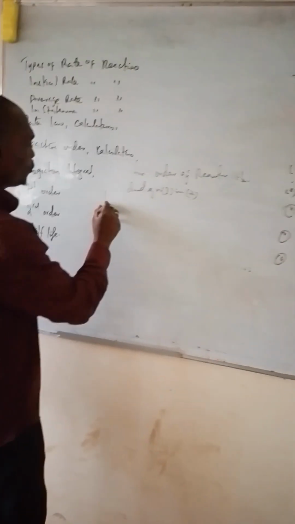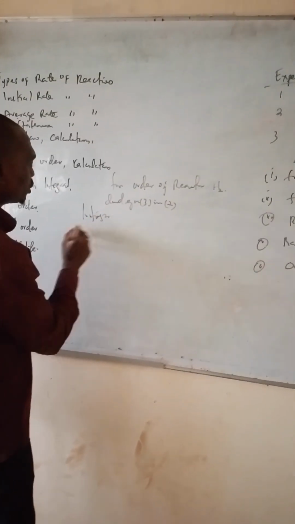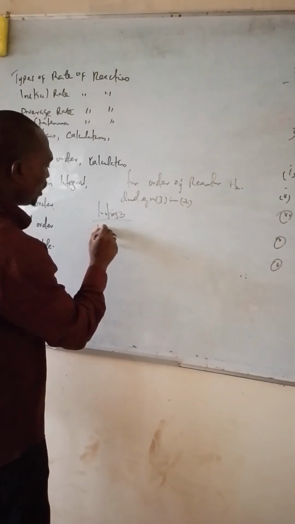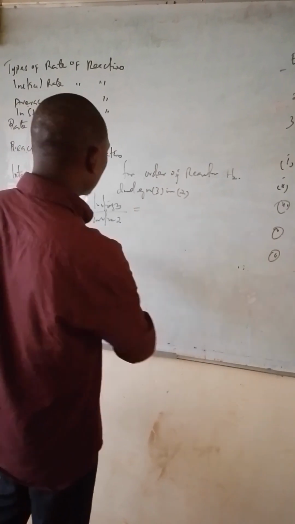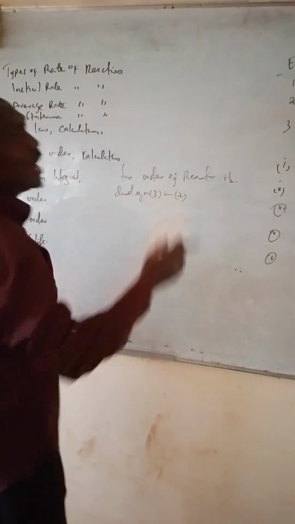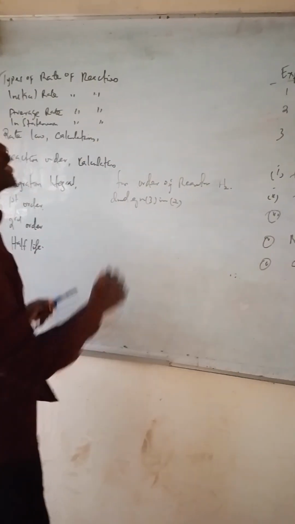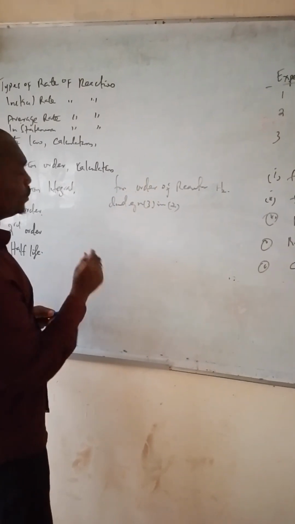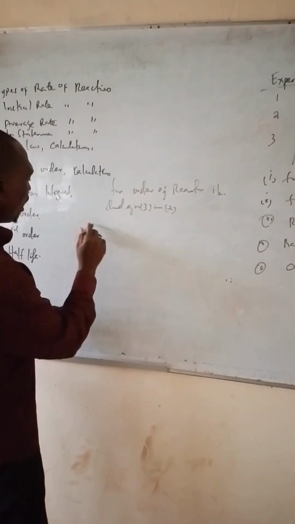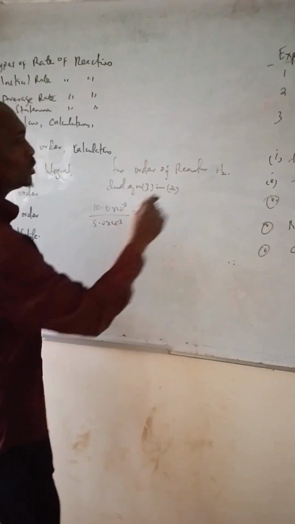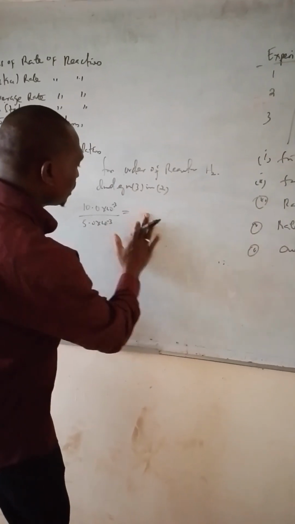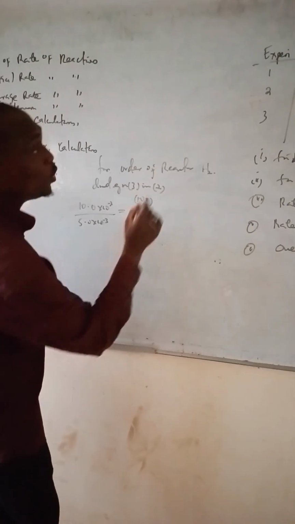So what are we going to have? We have the initial rate of equation 3 divided by the initial rate of equation 2 is equal to, let's do it now. The initial rate of equation 3 is 10.0 times 10 to the power minus 3, all over equation 2, 5.0 times 10 to the power minus 3, is equal to the NO term.